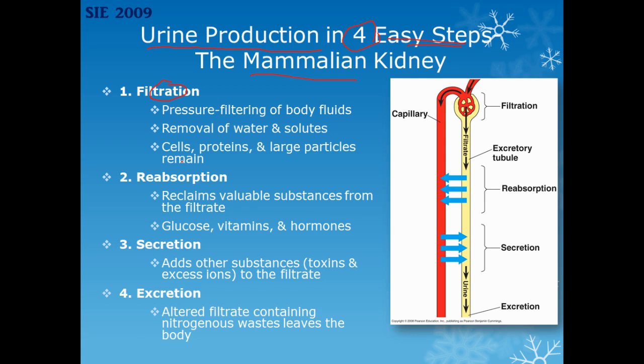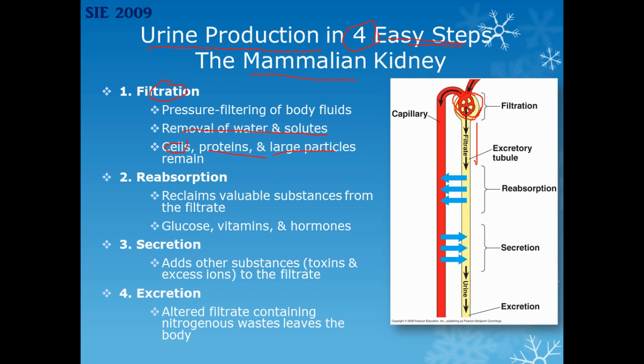For filtration, as you can see from this figure, there is pressure and filtering of the body fluid. So they filter the body fluid in the filtration step. In here, water and solutes are removed, while the cells, proteins, and large particles remain. Only the water and solutes are removed.